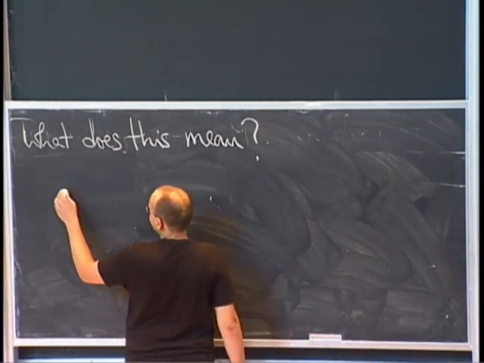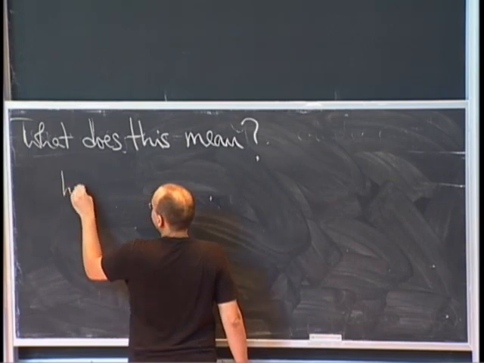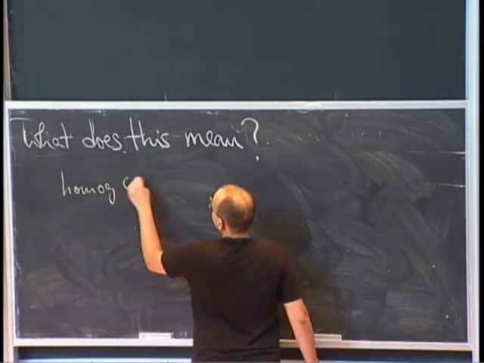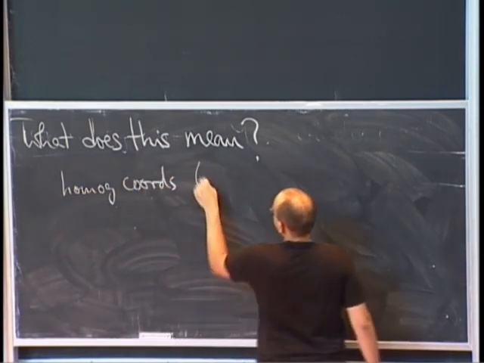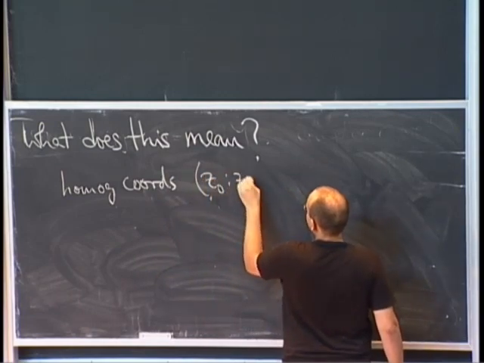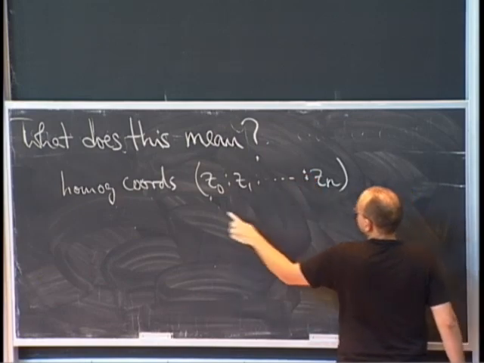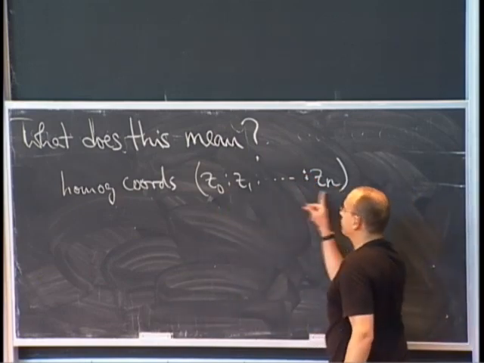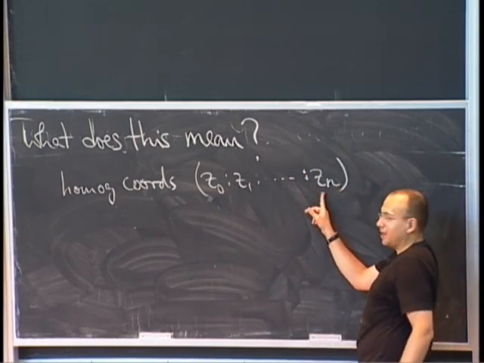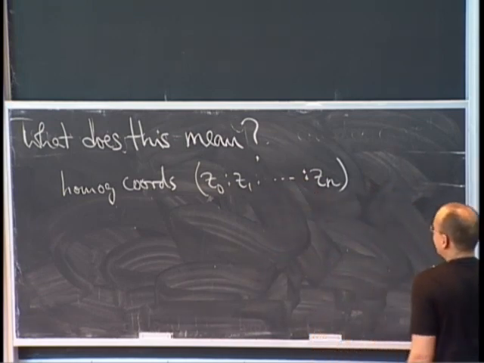And so of homogeneous coordinates, C0, C1, through Cn. So it's just the equivalence class of the corresponding vector under multiplication by non-zero scalars.